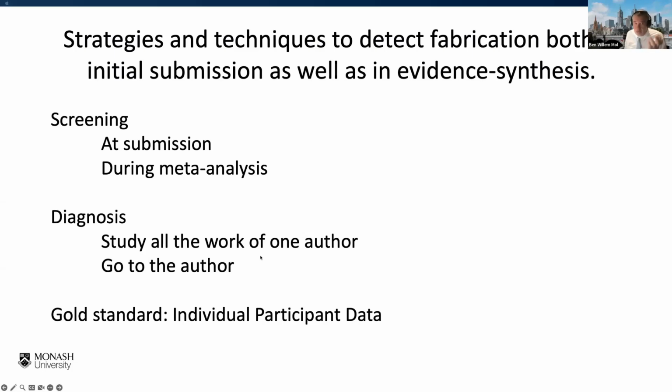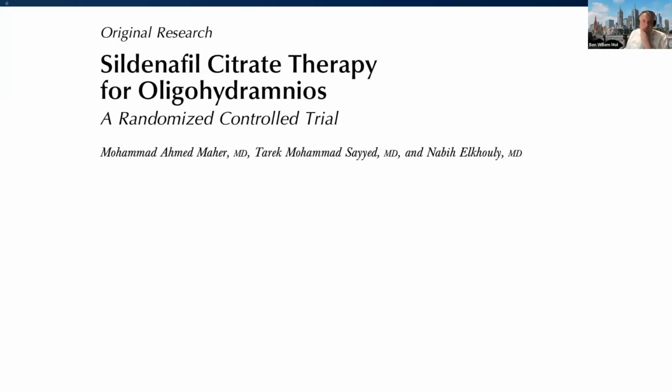One of the problems with the papers I just showed is that if you see one paper of that author, you're not going to see it. But if you assess them all at the same time, you see more problems. Ask the author. And in the end, in my experience, asking for individual participant data will usually solve the job because it's really very difficult to mimic all these false data the right way.